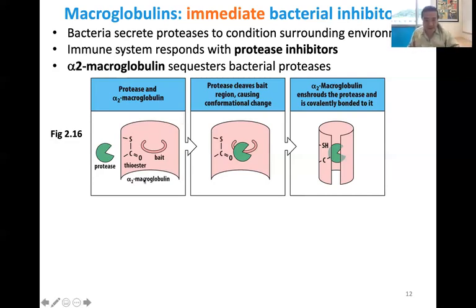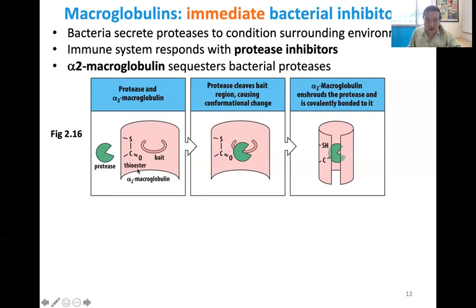This is the macroglobulin, shown as this pink kind of curved panel looking thing here, and here is the bacterial protease represented as a green Pac-Man. So heed my warning, right? If ever there is an example of the textbook oversimplifying things just to get points across, this would be it, because it's not really like a green Pac-Man facing off with a pink curtain. But let's go with that.